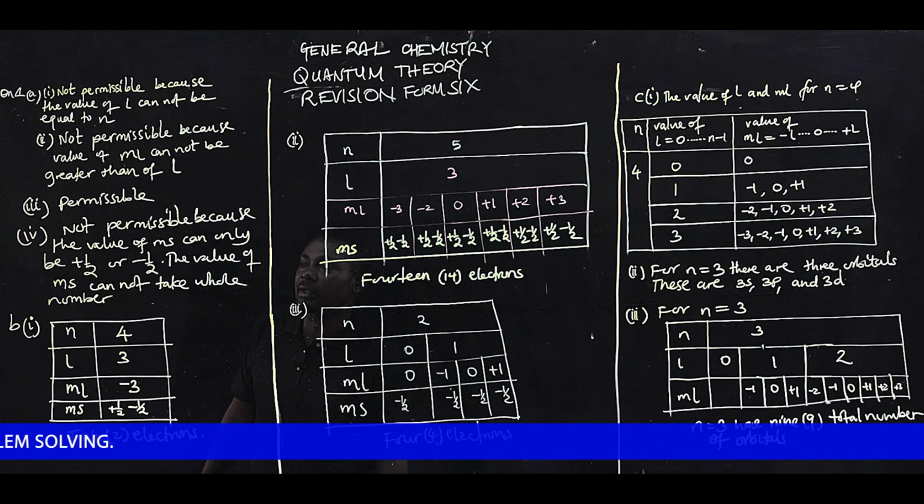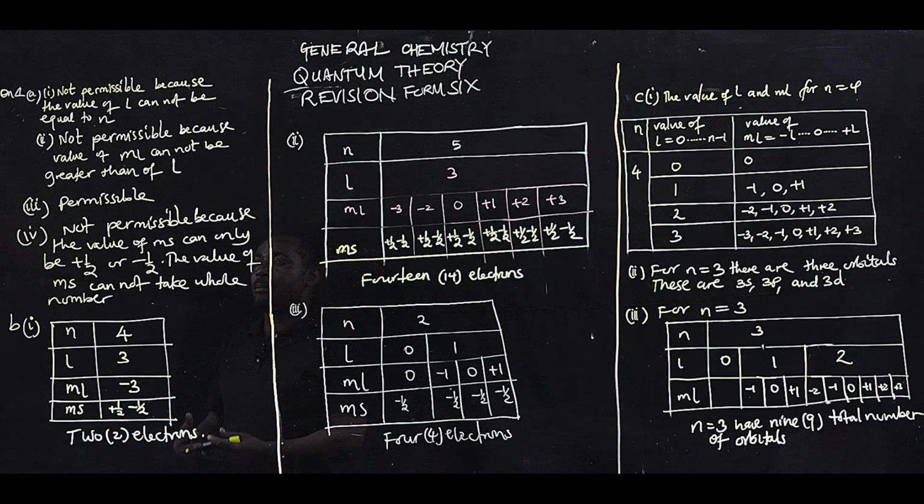The first one is the principal quantum number. The second is known as the azimuthal or angular momentum quantum number, or subsidiary quantum number. The third one is the magnetic quantum number, and the last one is the spin quantum number.